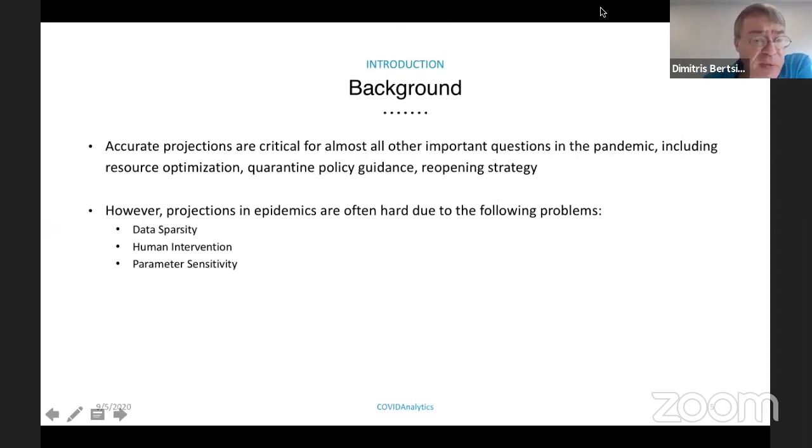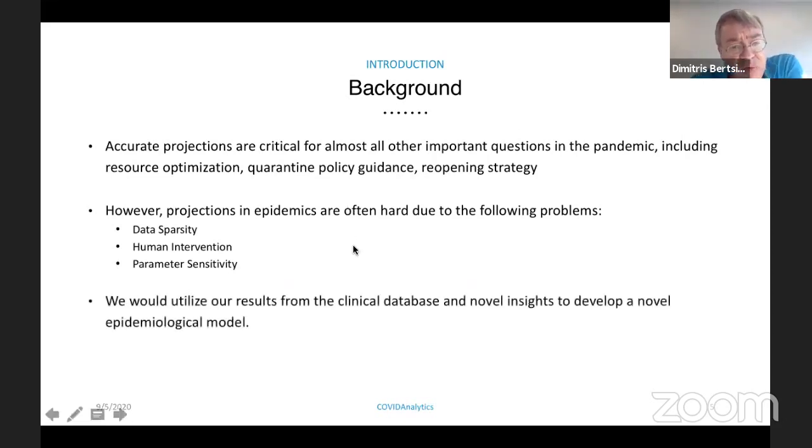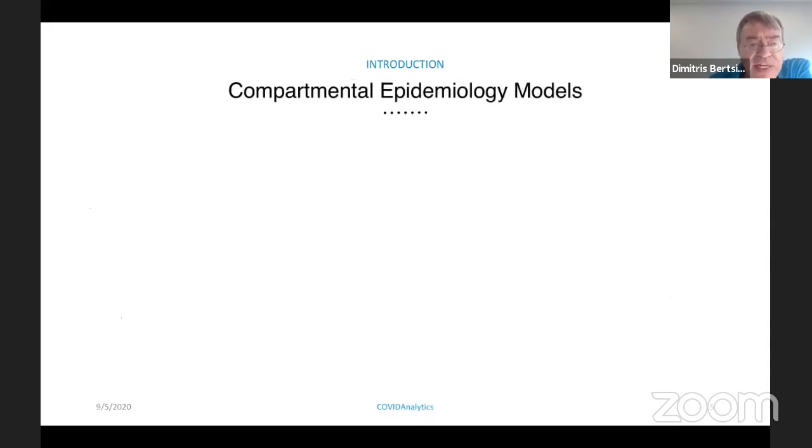Governments, of course, change policies all the time, and there's parameter sensitivity as well. So the team developed a lot of data from publications, both clinical and epidemiological, that we utilize.